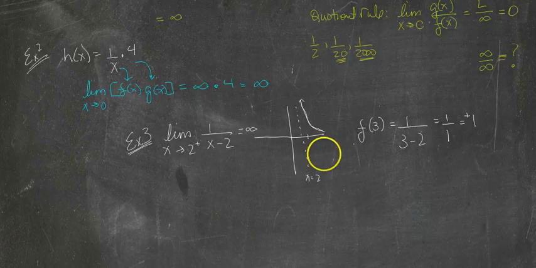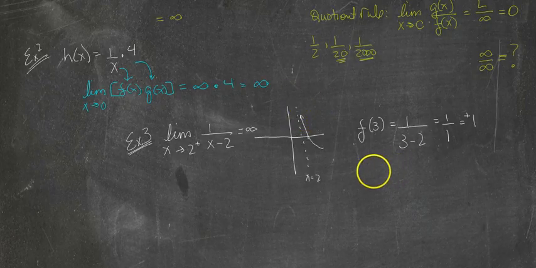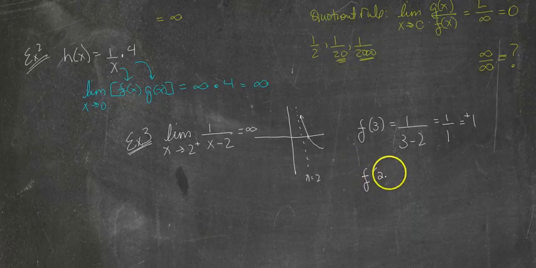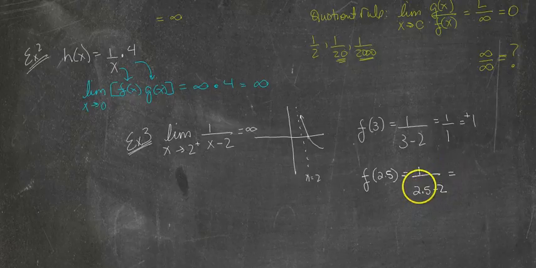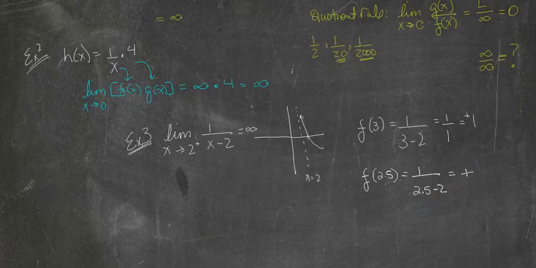You may be a little nervous that it crosses over at 3 that way. So in that case, you could choose something a little bit closer to c, right? So what happens if we check the f of 2.5? That's going to give you 1 over 2.5 minus 2, and that's still a bigger number than 2. Take away 2 is still going to give you a positive value. Or what about the f of 2.25?